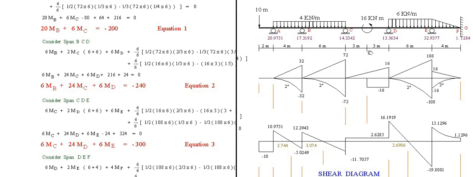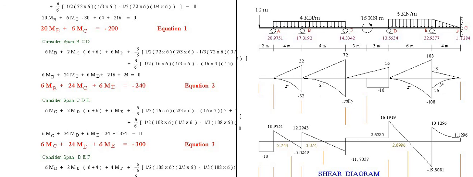Then the constant 6 over L1 for BCD. The first span is 6. Then moment by part, the area is 1/2 72. For this triangle, the distance is from the left 2/3 of 6.